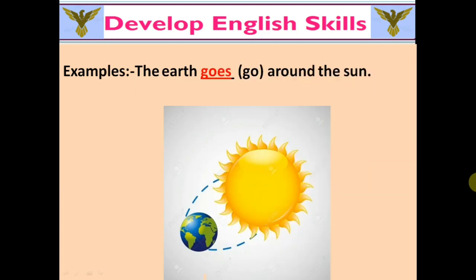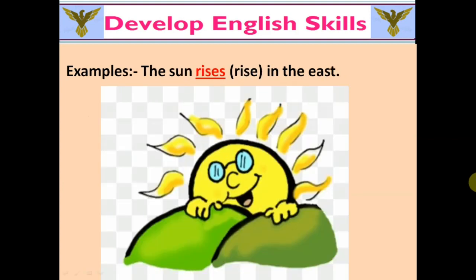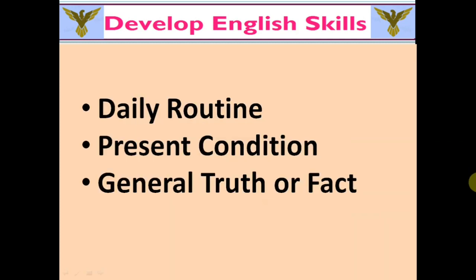Again, this is factual information. The sun rises in the east. This is the fact. So children, you have learnt that when we make sentences in simple present tense, we always talk about daily routine, present conditions and general truth or fact.